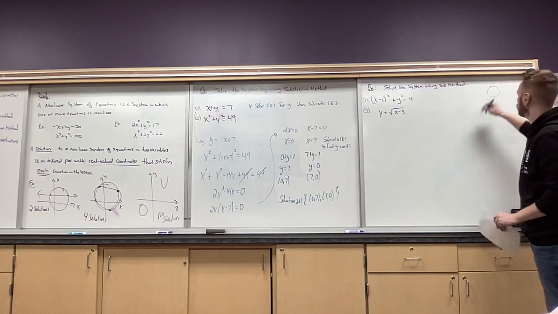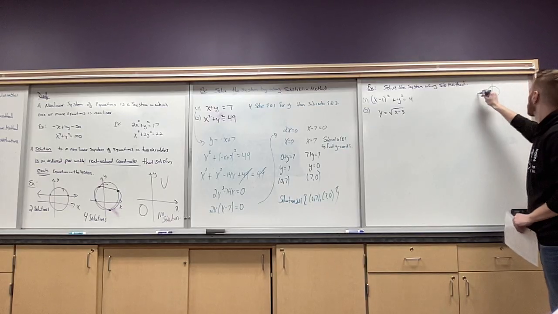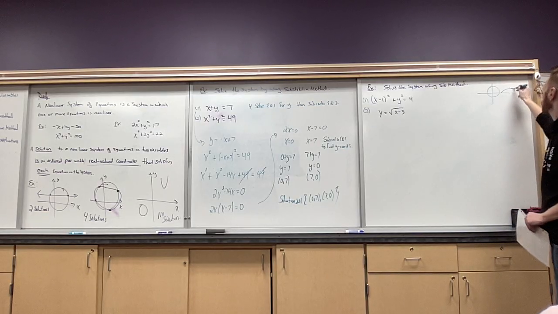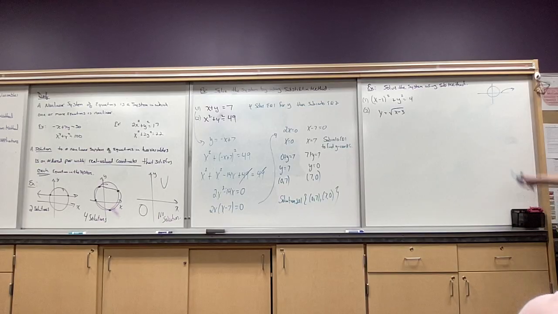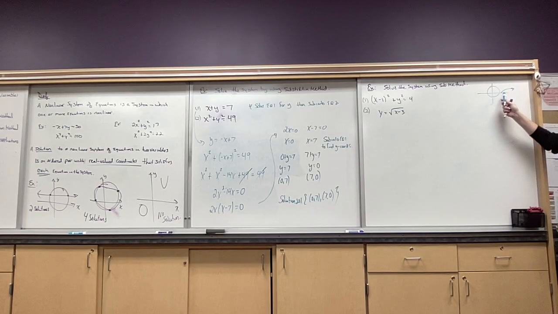So the first was a circle, and the other guy's a square root, which looks something like this. So either you could have a no solution problem, or maybe it's over here, and if it is over here, that's going to hit twice, so it could have 2 answers. Okay? So just the visual is going to help me to identify if I'm on the right track or not.